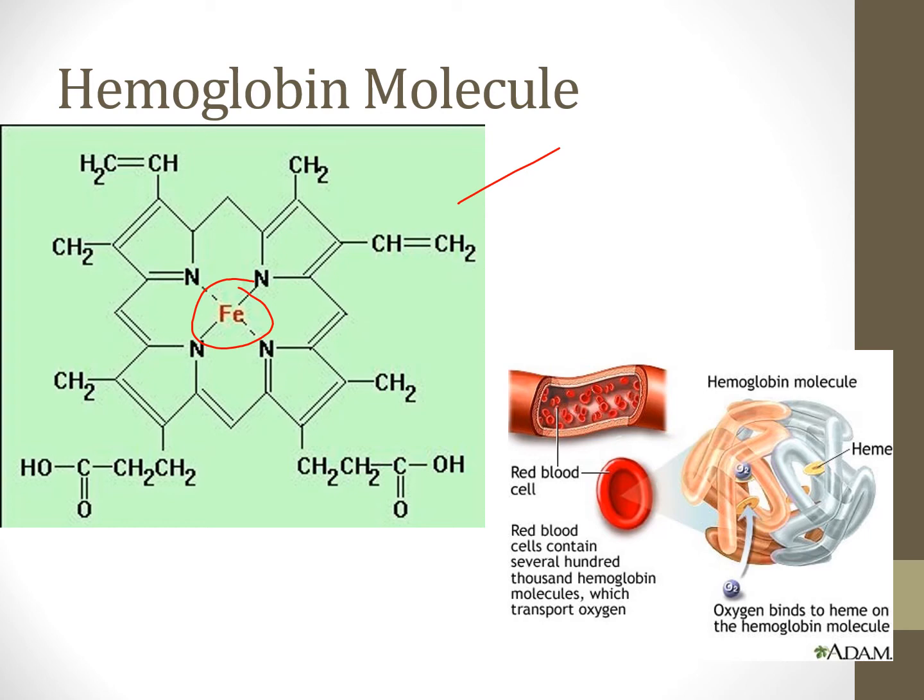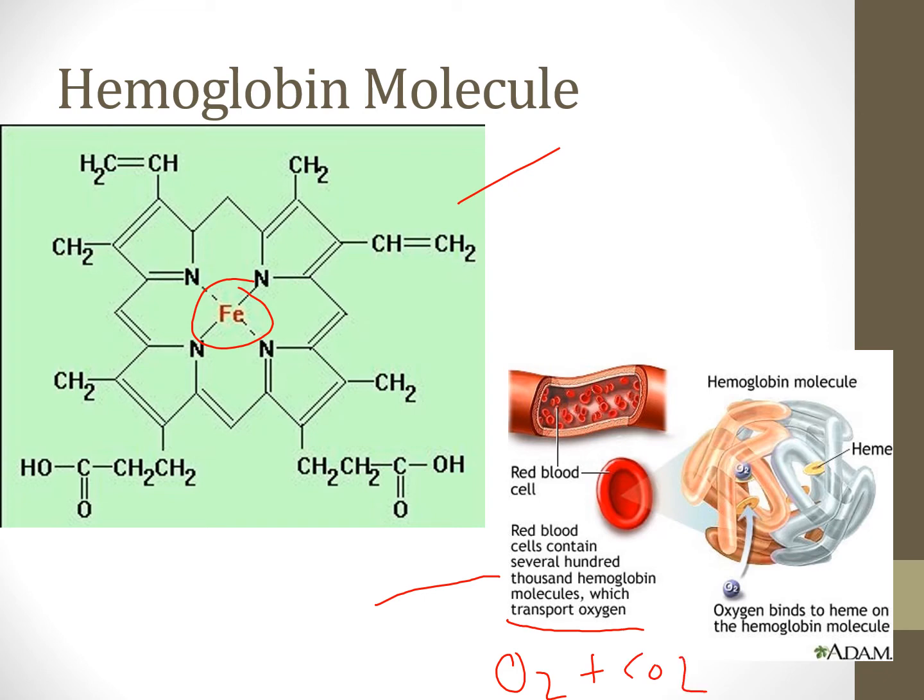So this is what you're looking at down here on the red blood cell. The red blood cell contains several 100,000 hemoglobin molecules, all of which can transport oxygen and CO2. Remember, not only does it transport oxygen, it also transports CO2 as well, right? So both are just as important.